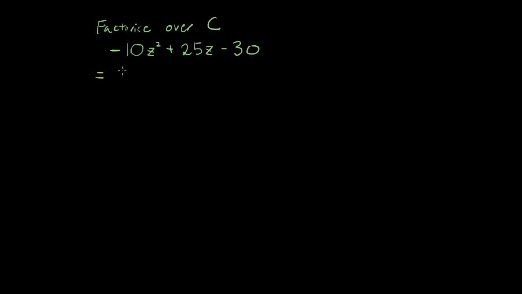Well, the first thing you're going to do is take the negative 10 out by factorizing. So put that at the front: negative 10 z squared plus 25 over 10 z minus 30 over 10. And let's fix up the sign. So negative 10 times, this should be a negative, so let's fix that up, because negative times negative is positive.